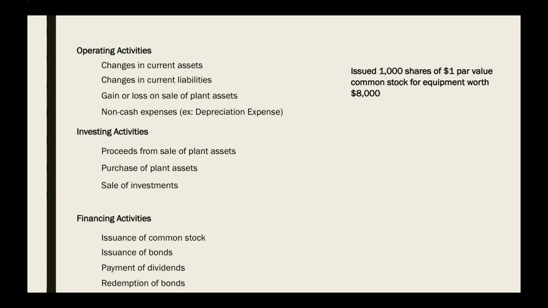Well, we need to first remember the name of this financial statement, right? The statement of cash flows. At no point in this transaction did any cash flow anywhere, right? We purchased equipment with stock. So, it's not listed on your statement of cash flows because cash is never involved in this transaction.